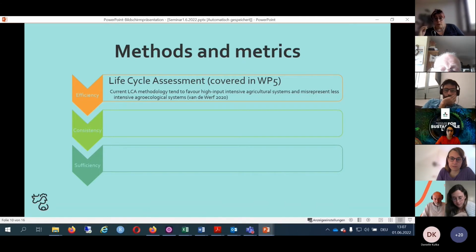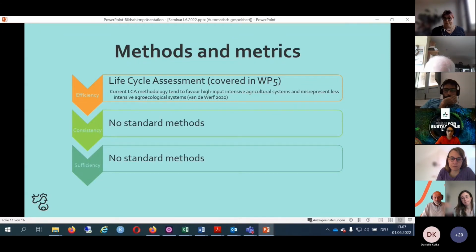And I think work package 5 is working very hard on improving those methods, which is one way to address the problem. But the other way could be to just say, well, we need metrics to capture strategies other than efficiency. And it's not just about improving LCA, but maybe it's also about understanding how we can measure these other strategies.